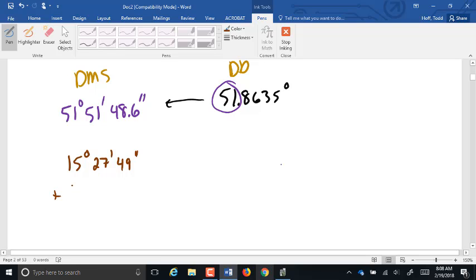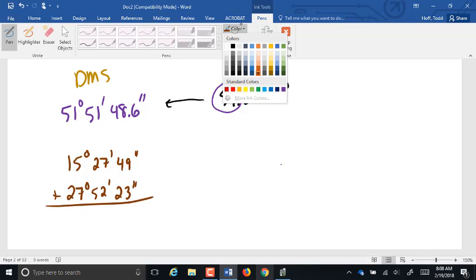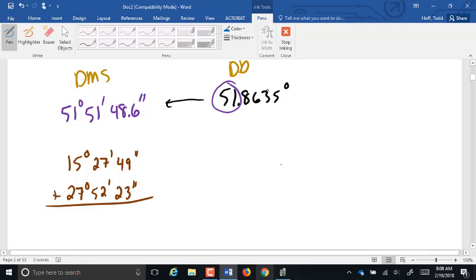Just like any other measurement, we can do operations with this. If we are adding 15 degrees, 27 minutes, 49 seconds, to 27 degrees, 52 minutes, 23 seconds, I start on the right and I work my way to the left, just like I do with any other number. 49 plus 23 is 72.